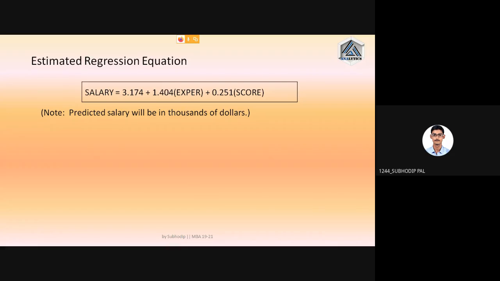Let me repeat: with respect to score, I will keep my experience constant. So when experience is constant, 1 unit change of score, or test score, whatever you have written, will increase the salary by 0.251.